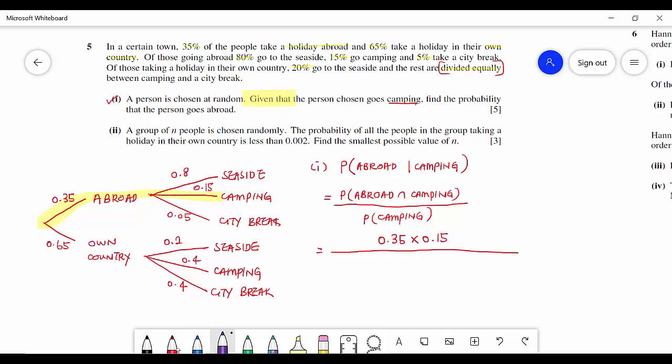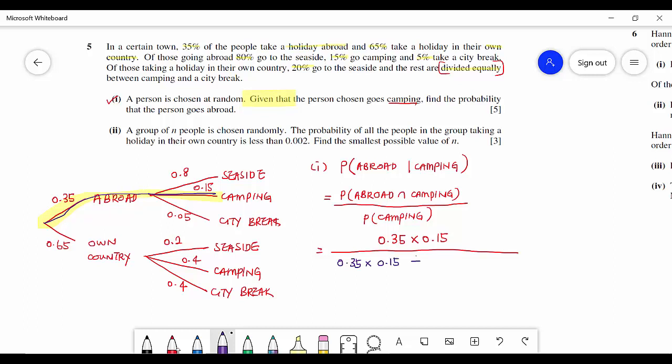For divided by camping, generally you have to include all the possible probability for camping. But for any tree diagram, as I told you before, if you want to calculate any probability, you cannot start halfway. You cannot only consider the 0.15. This is not allowed. You have to start from the beginning of the tree diagram. So to get camping, the first pathway is 0.35 multiplied with 0.15.